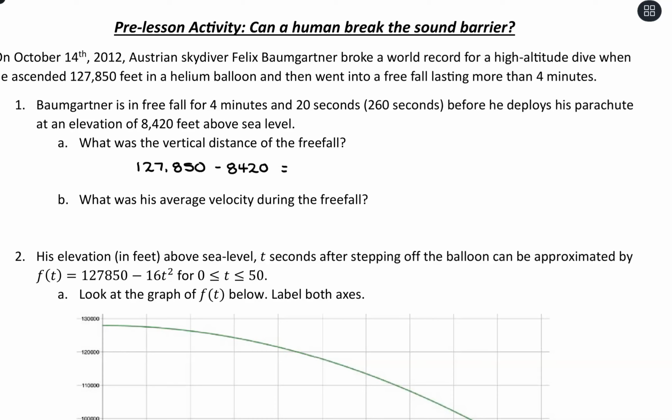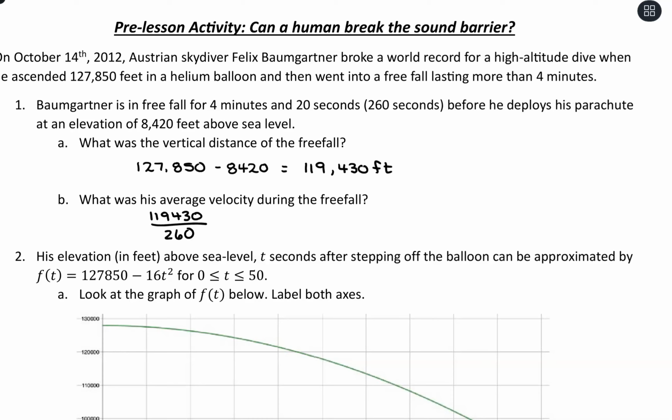So if we take that difference and plug that into a calculator, we will see that he was in free fall for a total of 119,430 feet. So for his average velocity during just the free fall portion, he covered that 119,430 feet in a total of 260 seconds.